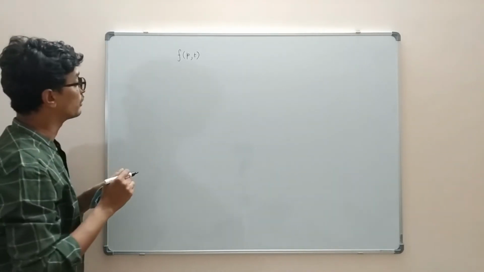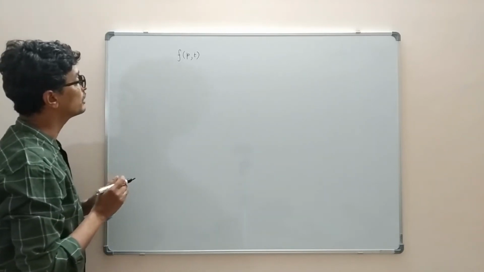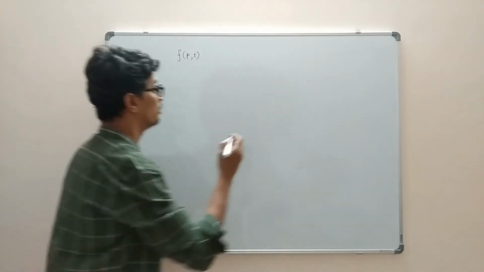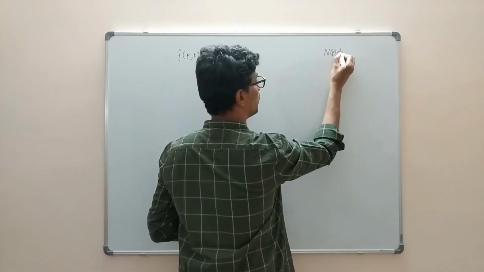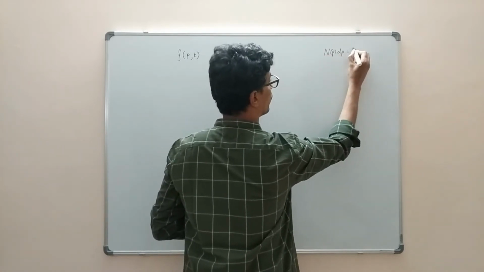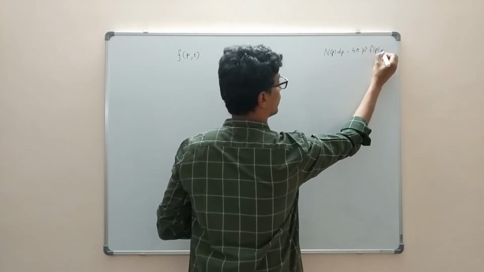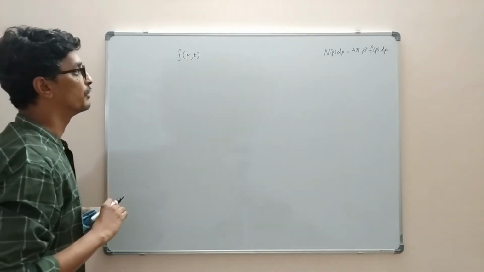All we need is the magnitude of p. So this will be the momentum distribution function. If you are interested in the number density as a function of p, then n(p) dp can be written as 4π p² f(p) dp. We will use this later towards the end.